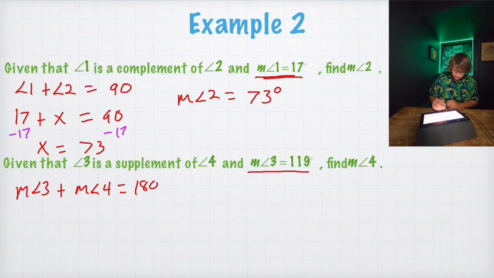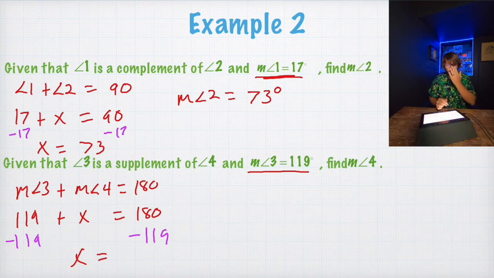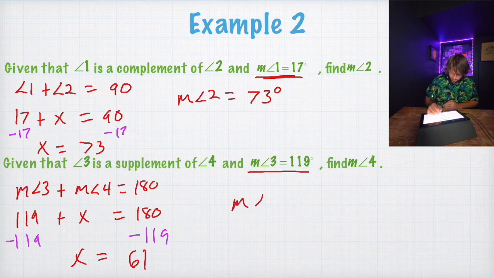We know the measure of angle 3 is 119, plus x is going to equal 180. To solve this, we just have to subtract 119 from each side, and x is going to equal 61. Okay, so the measure of angle 4 equals 61 degrees.